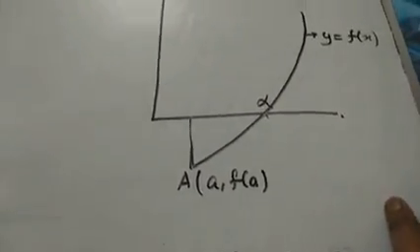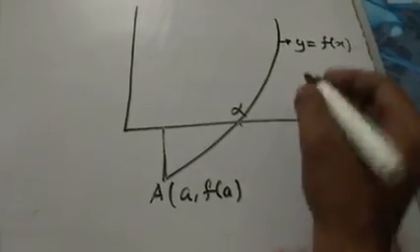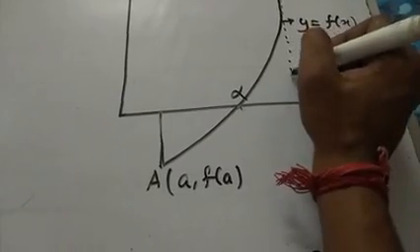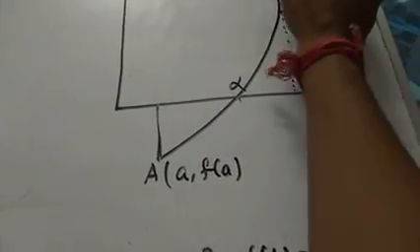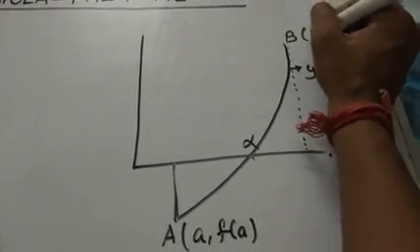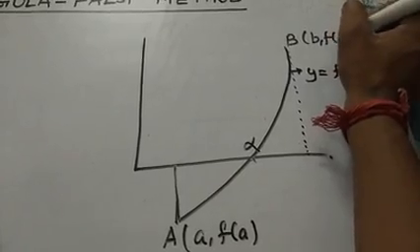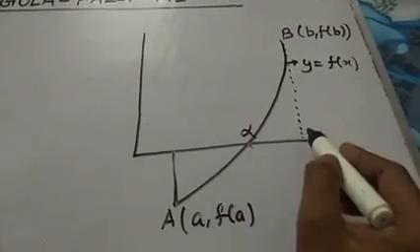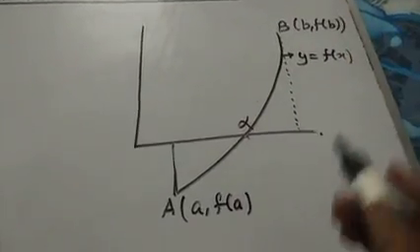And again we will find another point b for which the function gives a positive value. Suppose this is the point b; its coordinate is b and f of b, where b is the point on the x-axis and f of b is the function value.